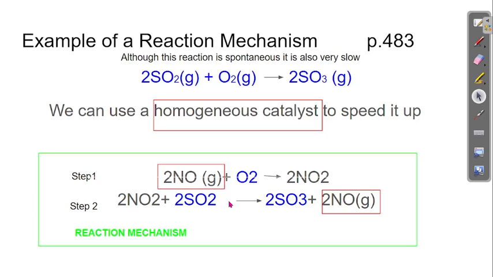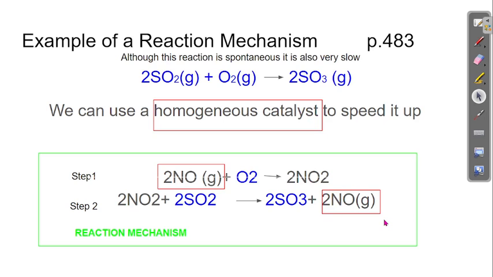What happened here? In step 1, your catalyst reacted with the oxygen, which is one of the reactants, and created an intermediate product. The intermediate product then reacted with the second reactant in the equation, creating the product we're looking for.